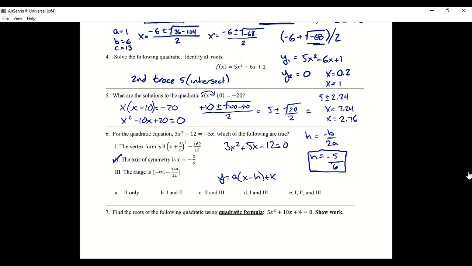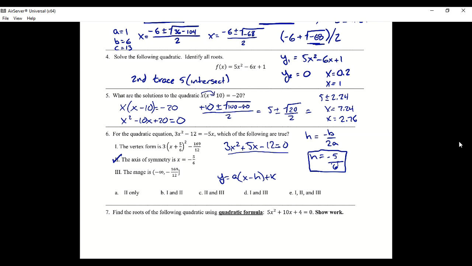So to find our k value, what we can do is simply substitute or plug in our negative 5/6 into our original standard form right here and see what we get.